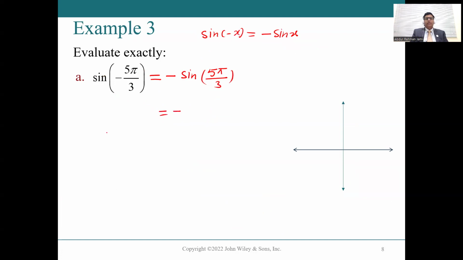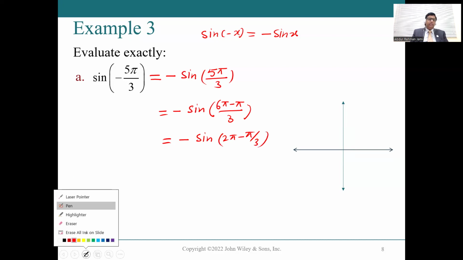Okay. Now, same way, the angle you can convert. This must be multiple of 3. So this is 6 pi minus pi over 3, which gives us minus sine of 2 pi minus pi over 3.